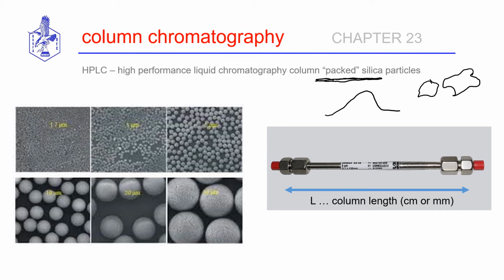So LC became a competitive technique when industrial manufacturers were able to manufacture the silica particles that were spherical in diameter so that they packed efficiently and their diameters were small. And the diameter of the particles are measured in microns.